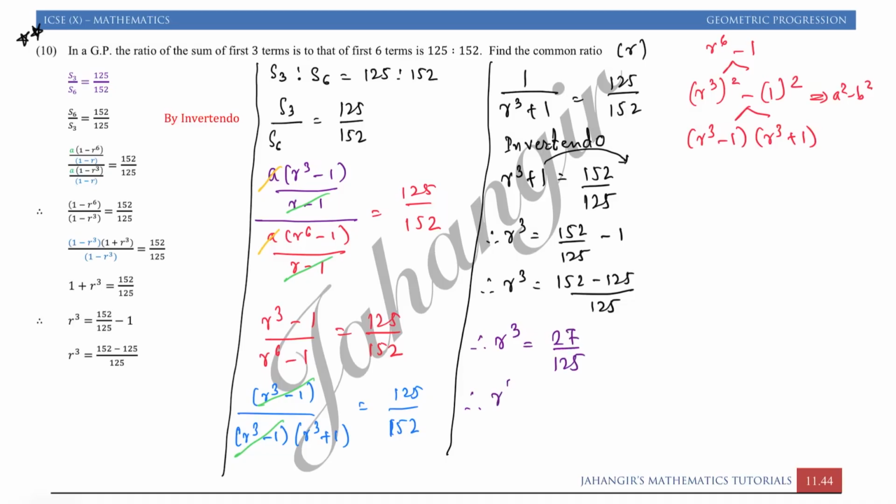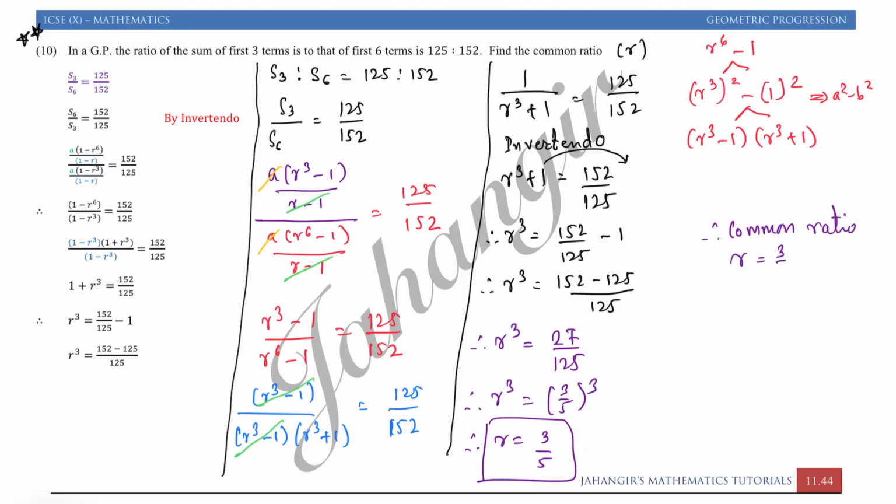So r cube is equal to 3 by 5 whole cube. Therefore r is equal to 3 by 5. So here you get the common ratio r is equal to 3 by 5. Hope you had understood this.